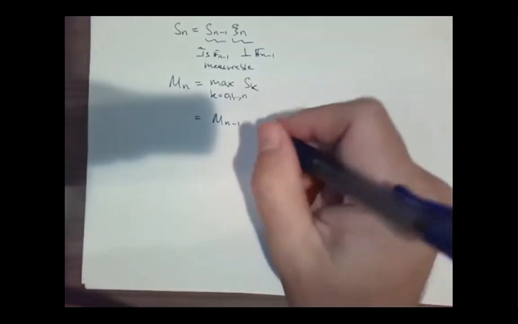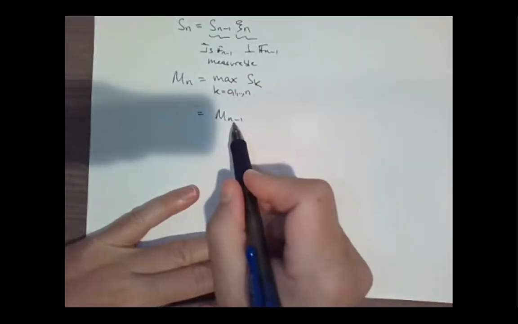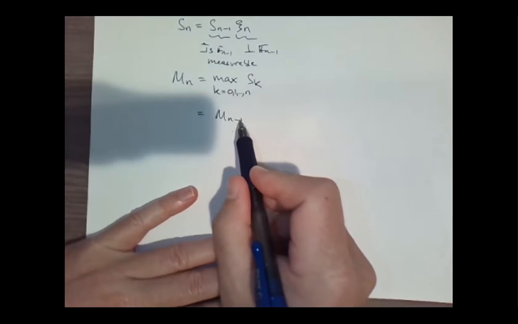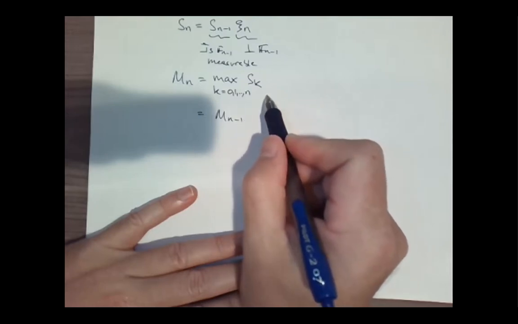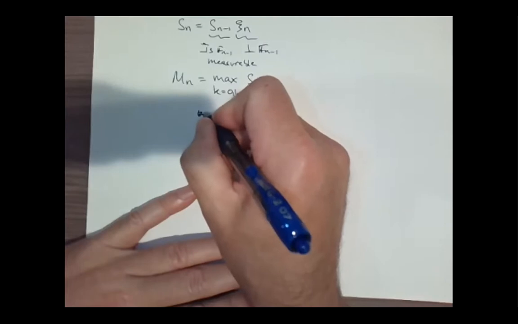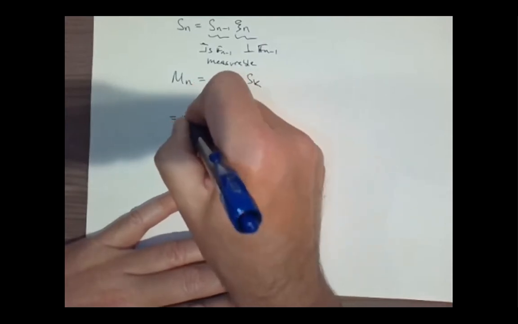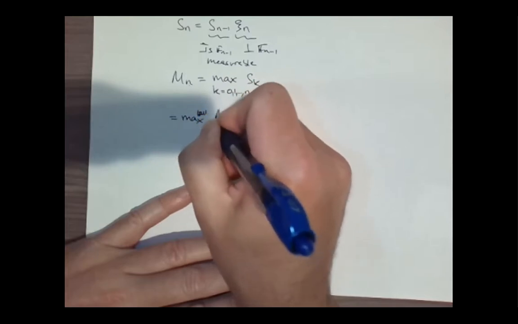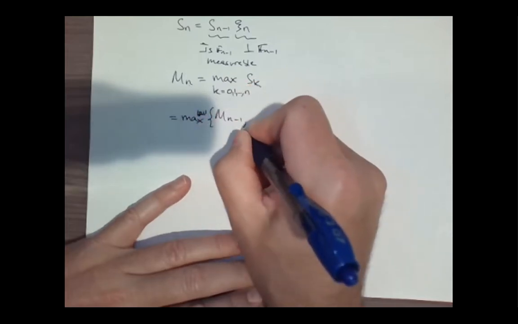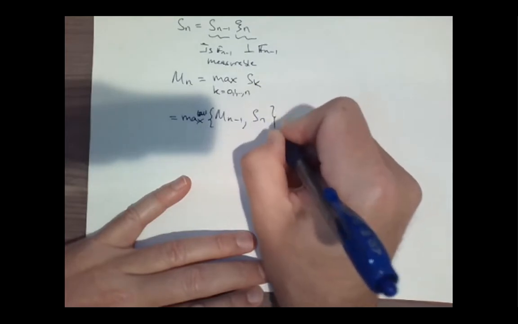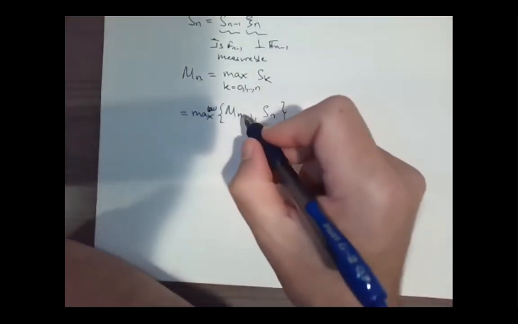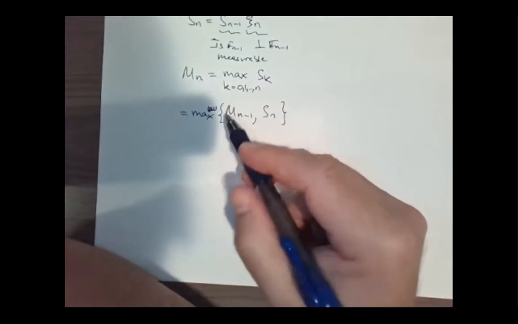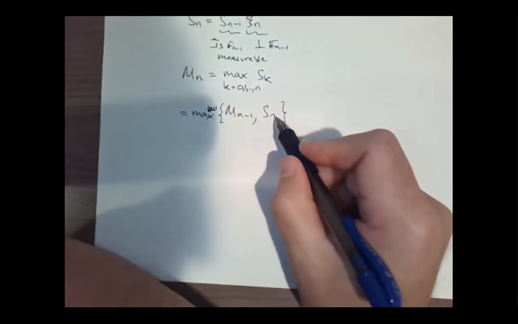Yeah, so it's something with S. So when is Mn the same as Mn minus 1? Well, that depends on what the stock price was at time n. So if I write this here as a max of Mn minus 1 and Sn, then this should work, because to get the maximum at time n, I look at the maximum up to and including n minus 1 and then the current value.